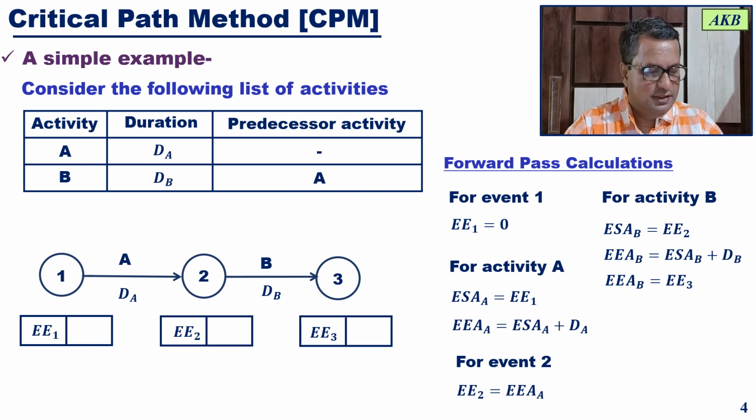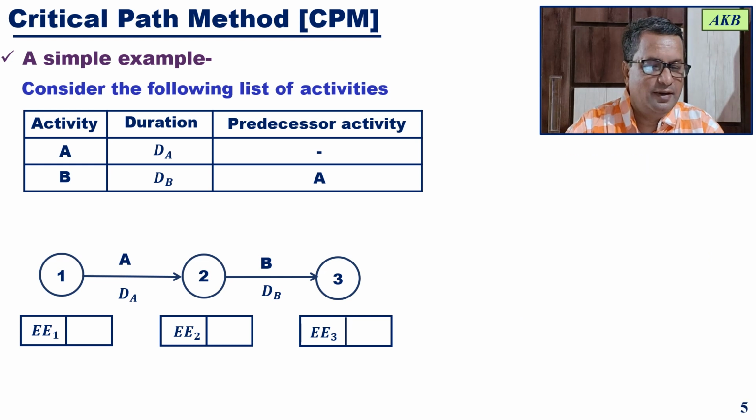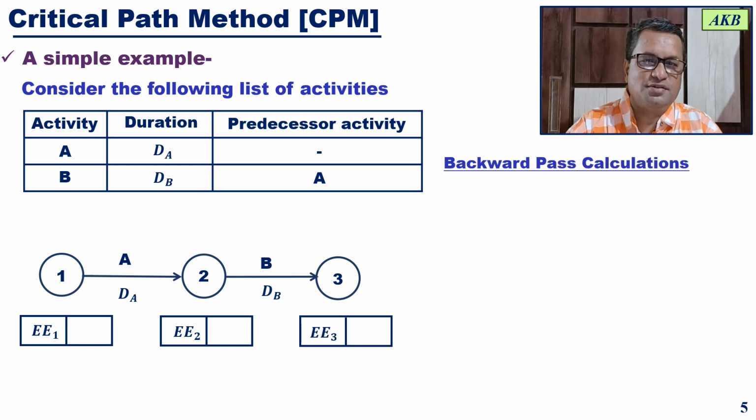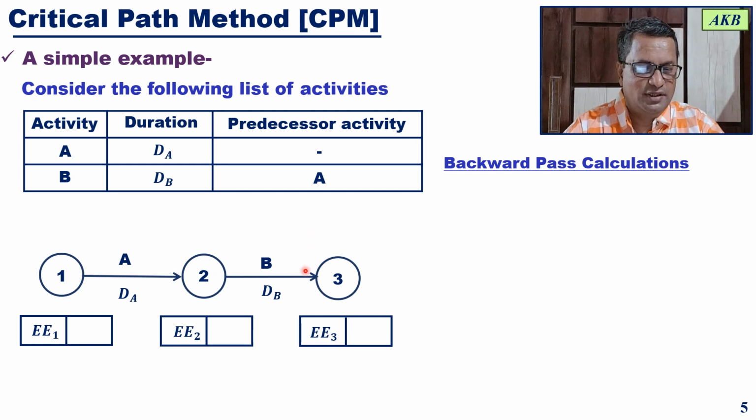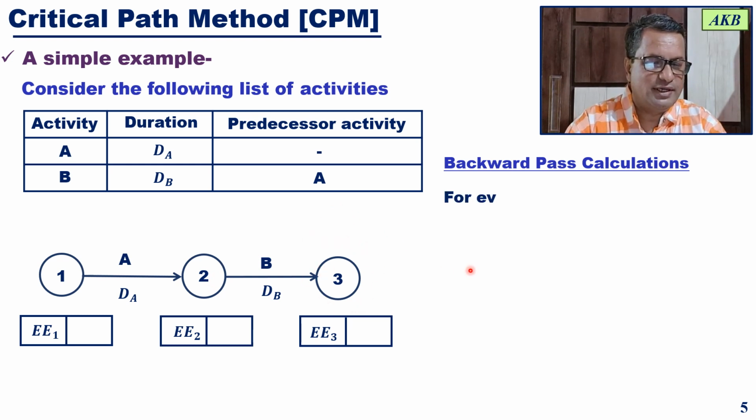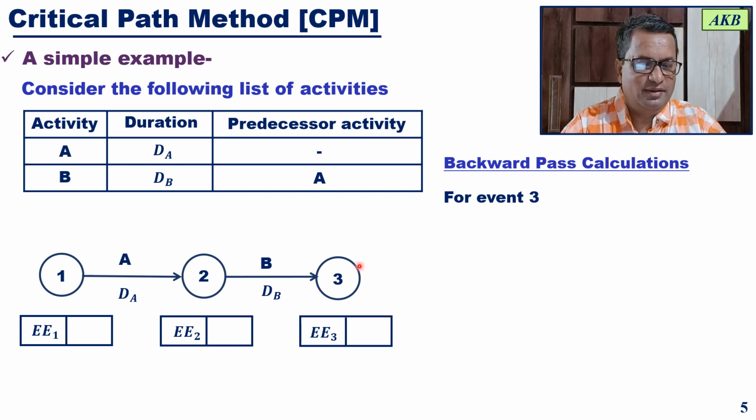After understanding forward pass calculations, now let us understand backward pass calculations. Backward pass calculations will start at the end of the network diagram, that means at the end event. Let us start with the last event.